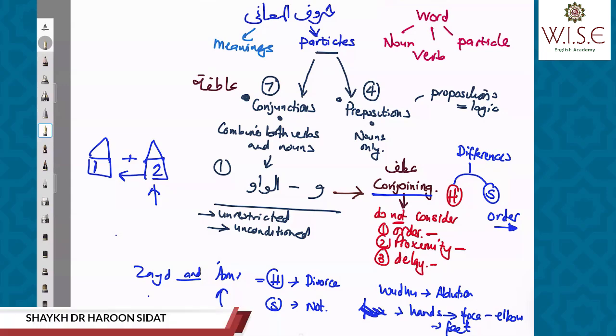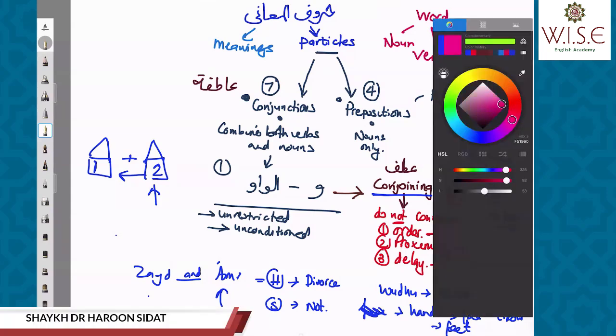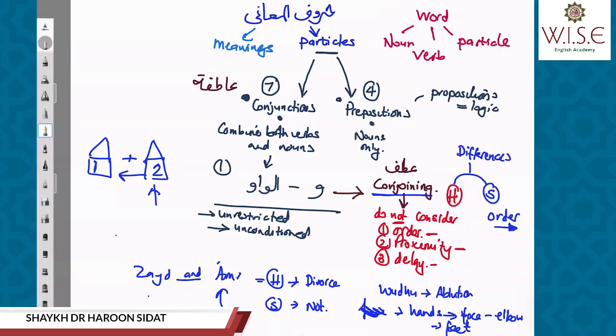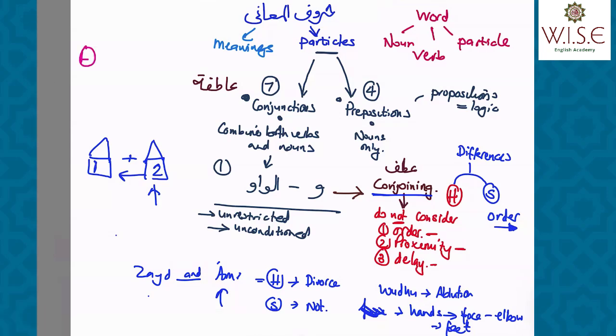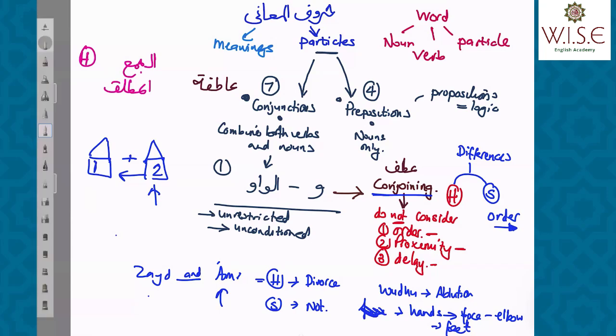So basically, to summarize before we move on, you might want to pause the video after I explain this. For us, the Hanafis, we do what's called Al-Jam' Al-Mutlaq.